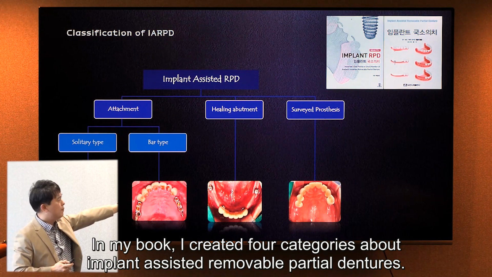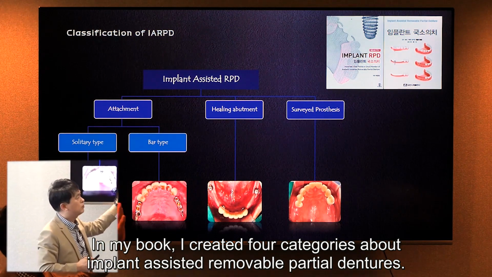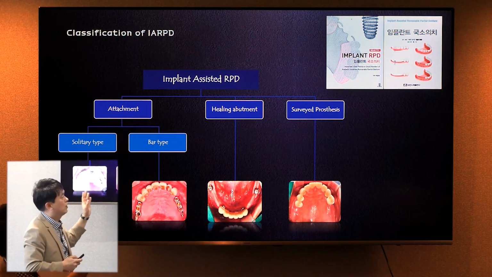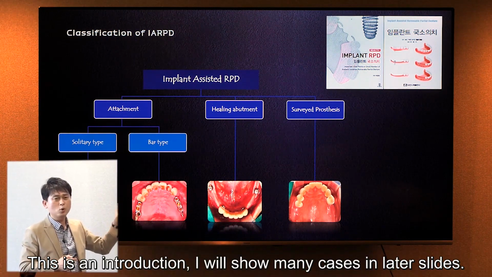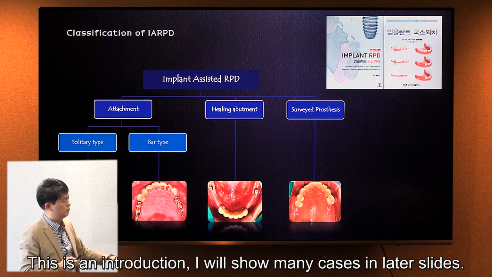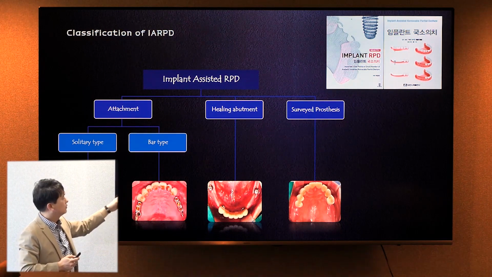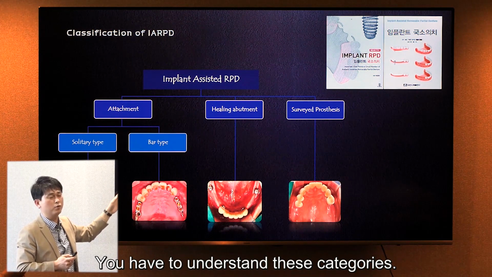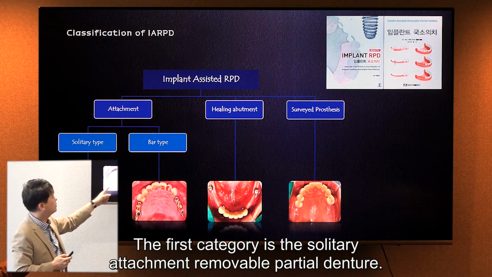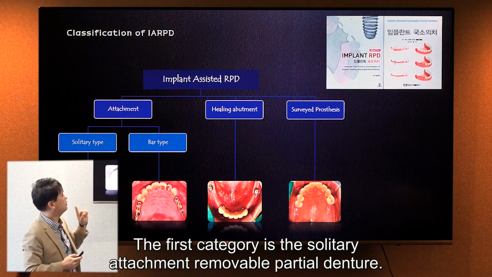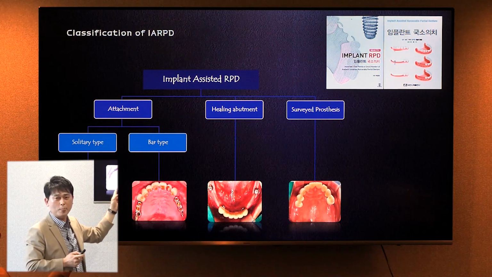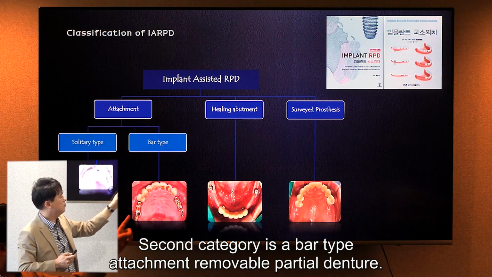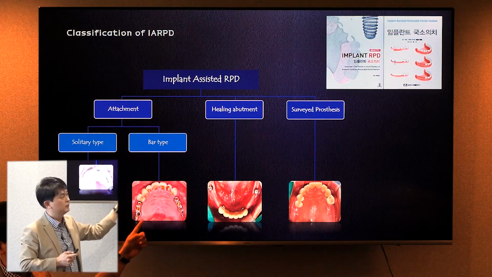In my book, I divided implant-assisted removable partial denture into 4 categories. This is an introduction, and I will show many cases in later slides. But you have to understand these categories. The first category is the solitary attachment removable partial denture. The second category is the bar type attachment removable partial denture.